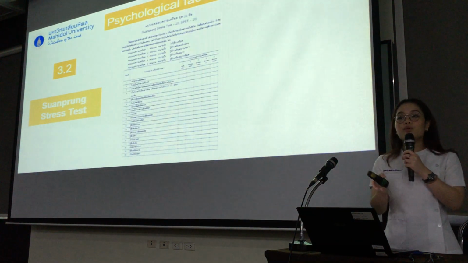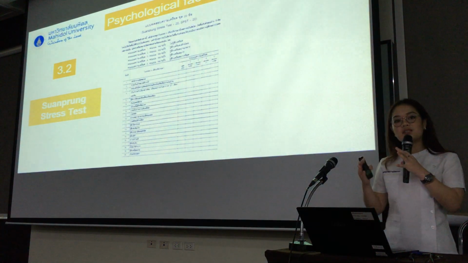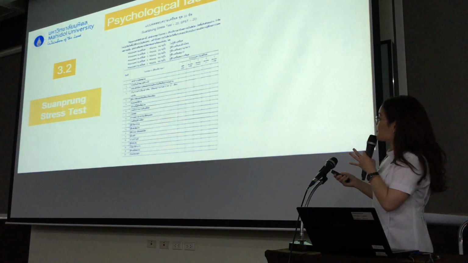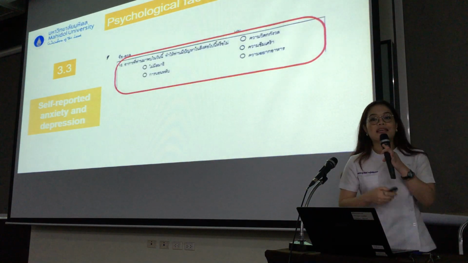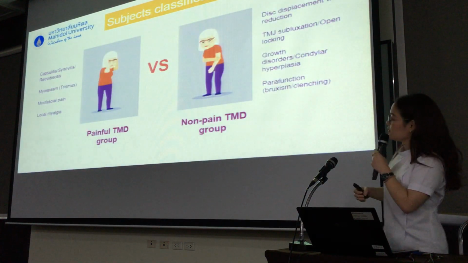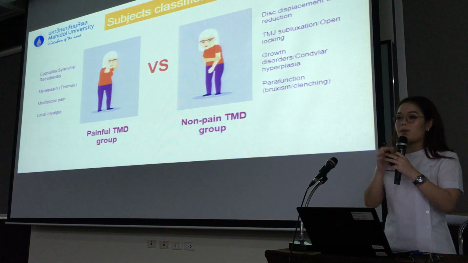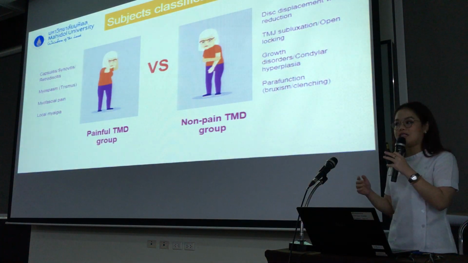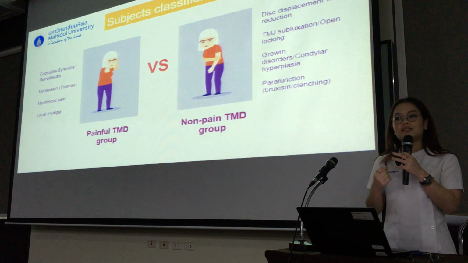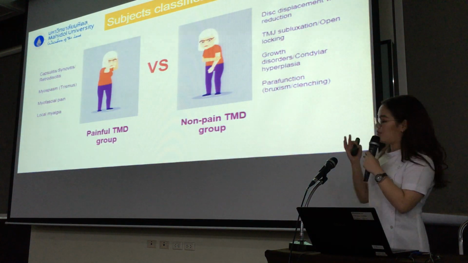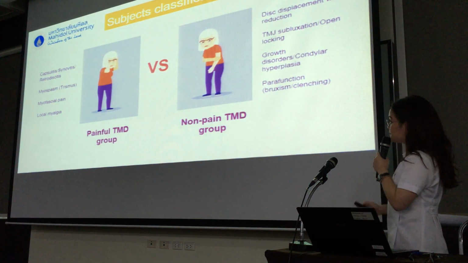Then the Suan stress test assesses the stress levels of the patients. And lastly, self-reported anxiety and depression. Then we classified our subjects into two groups, painful TMD and non-pain TMD, according to their primary diagnosis at the time of the examination.